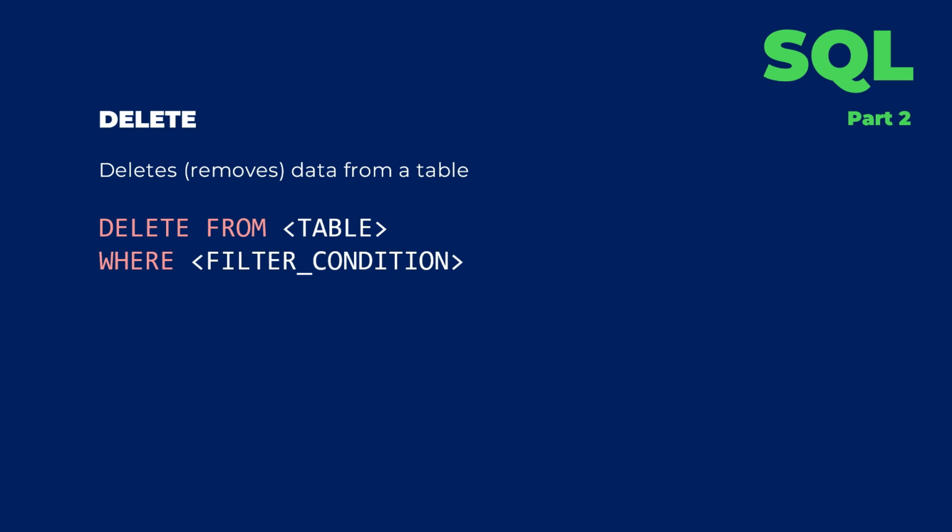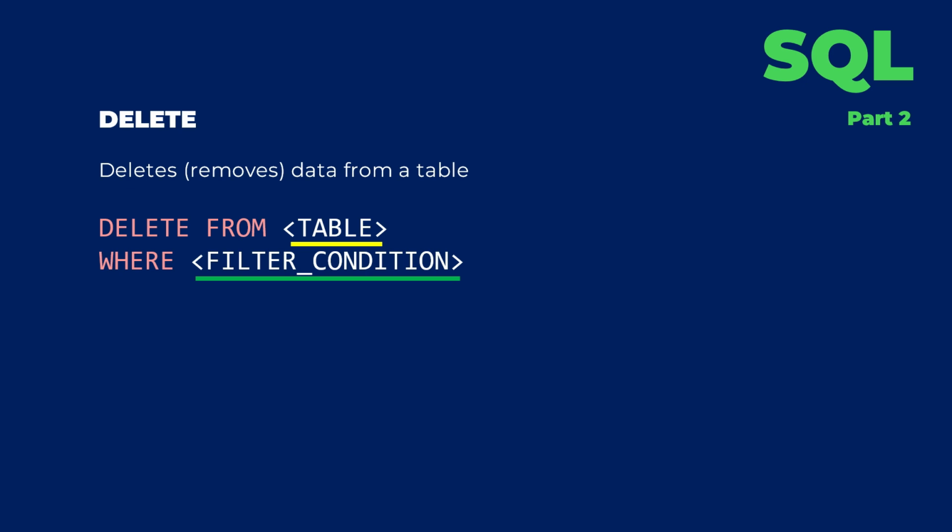The delete keyword lets us delete or remove data from a table. The basic format of a delete statement is made up of two parts: the table from which we want to delete data and the filter condition that determines which row should be deleted. One thing we notice is that we did not provide any column names here.